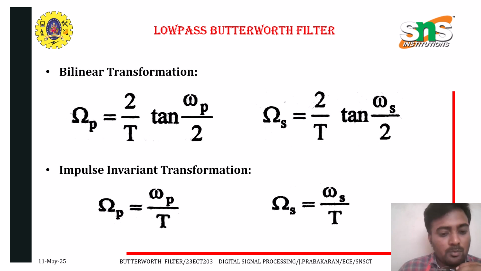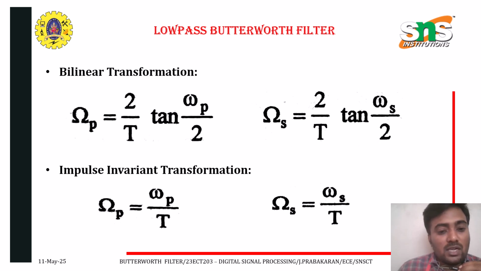And it mentions two conversion methods. Here you can see the analog to digital conversion using two methods. The first one is the bilinear transformation technique and the second one is the impulse invariance method. In the bilinear transformation technique, the passband frequency omega p equals 2 divided by T tan of omega p divided by 2, and the stop band frequency omega s equals 2 divided by T tan of omega s divided by 2.